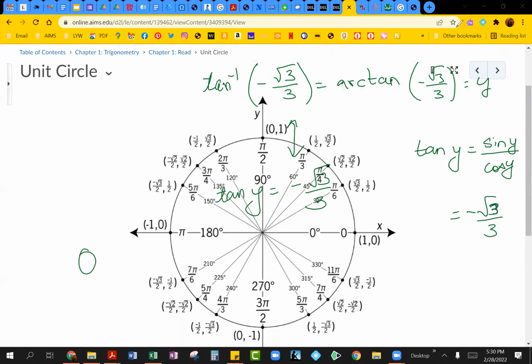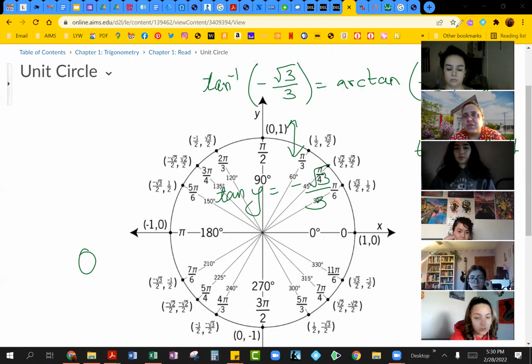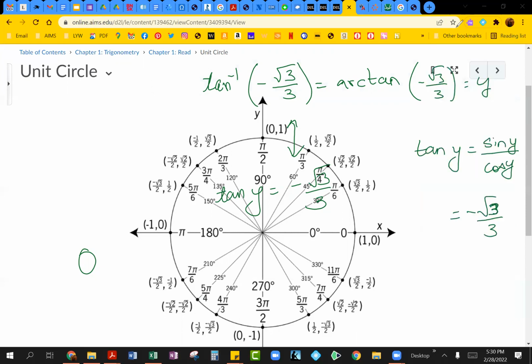So I'll give you guys a couple seconds here to try and see which angles might be the ones that give us the correct answer.